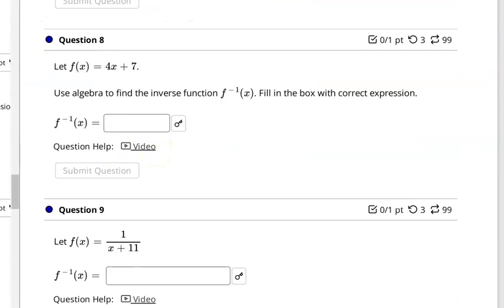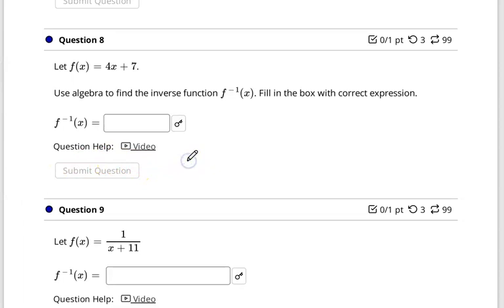Now the inverse. Remember what we do with that? We reverse x and y. First we state it as y equals 4x plus 7. Exchange x and y: x equals 4y plus 7. Now solve for y.